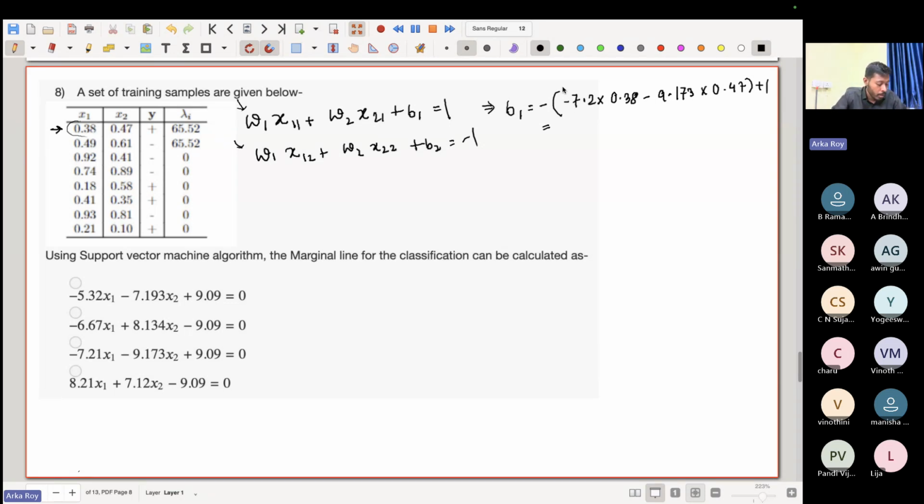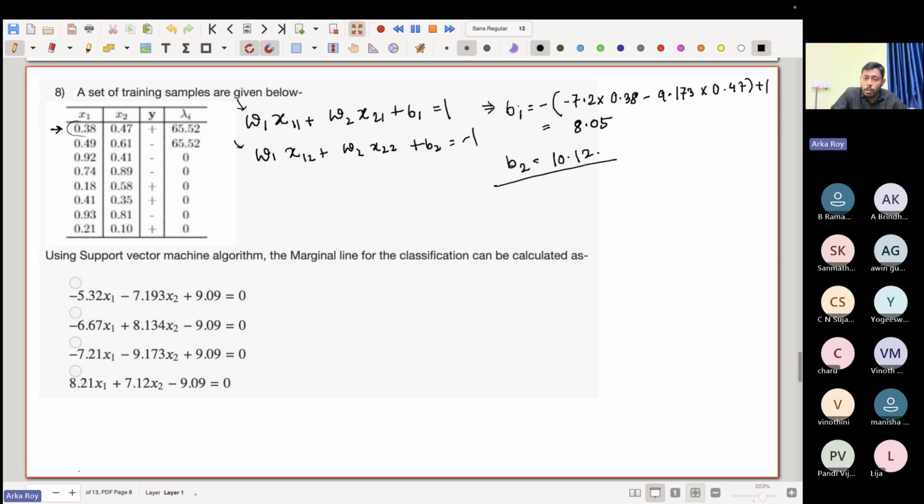Let me check the values once. So the value would be 8.05 over here, and similarly the value of B2, you just put the values and you will get 10.12.